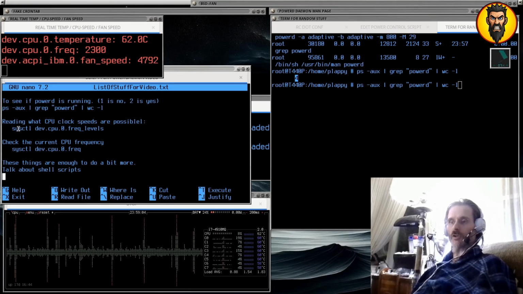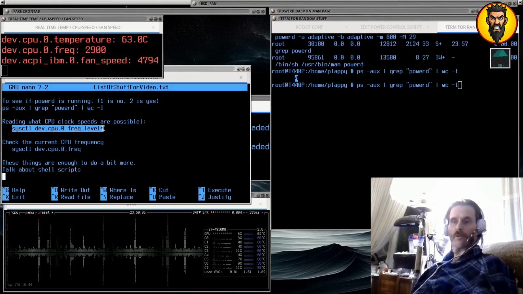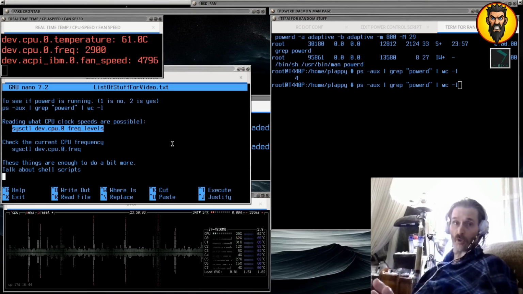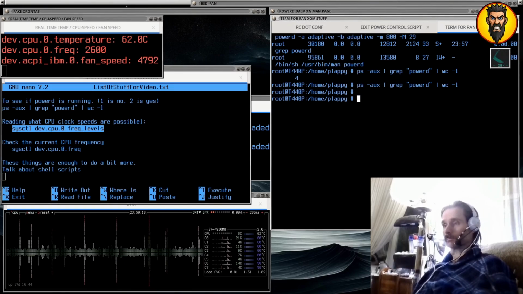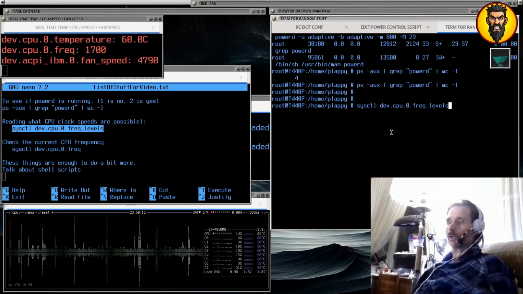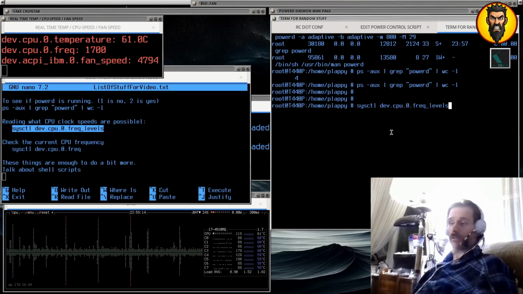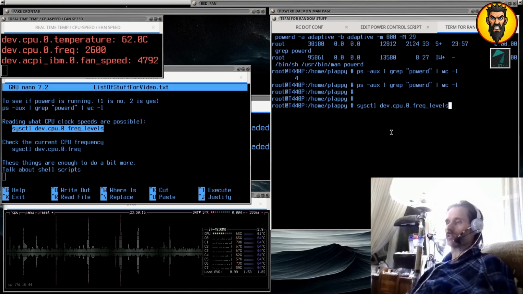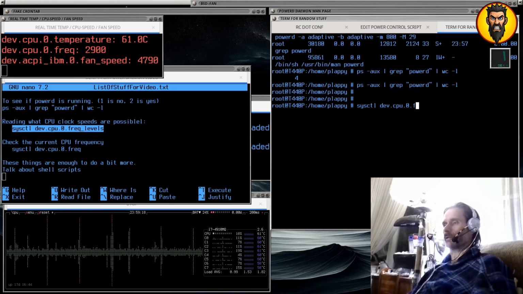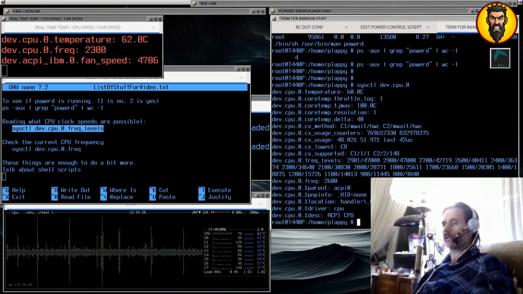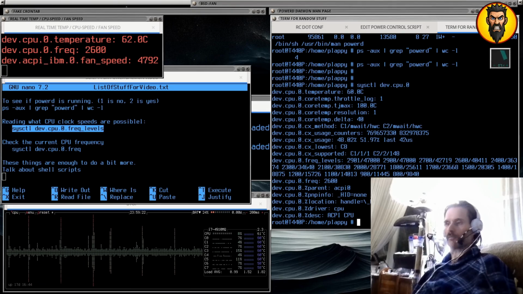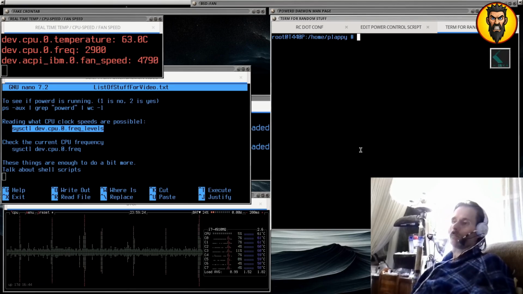If you want to know what the different frequencies are that are available for your particular CPU, you can use a sysctl command. And sysctl does all kinds of things, right? Here's an example. It'll spit out all kinds of information if you need it to.